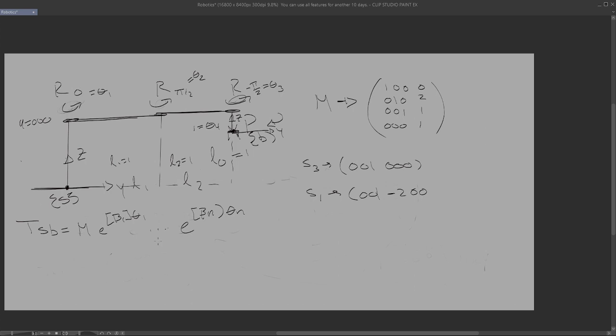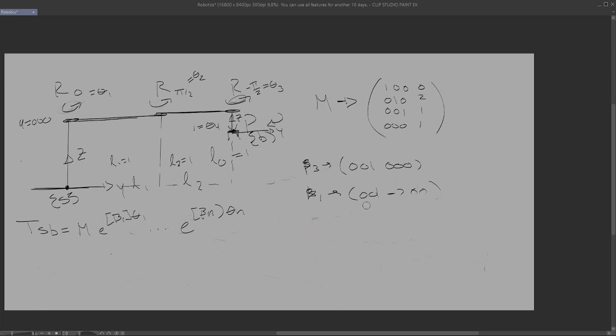S4 doesn't really change given its position, so 0, 0, 0, 0, 0, 1. S2 is just going to be 0, 0, 1, -1, 0, 0. Oh, sorry, it's supposed to be B. But you essentially do the same as what you did with the space frame.